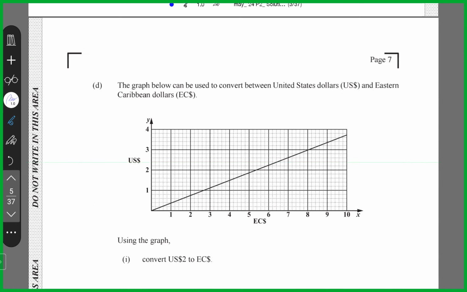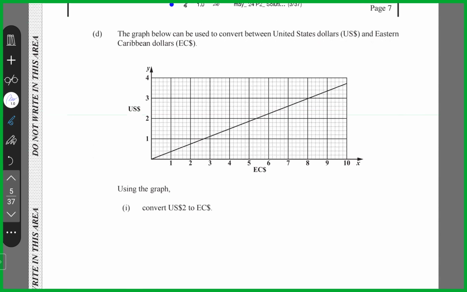781,000. Stay with me. D says the graph below can be used to convert between United States dollars and Eastern Caribbean dollars, EC. Using the graph, convert US $2 to EC dollars.